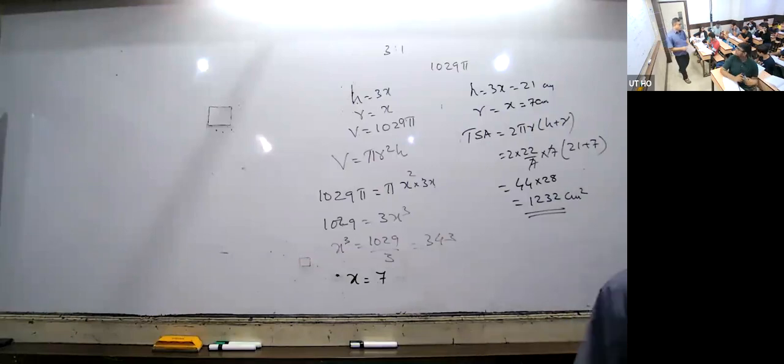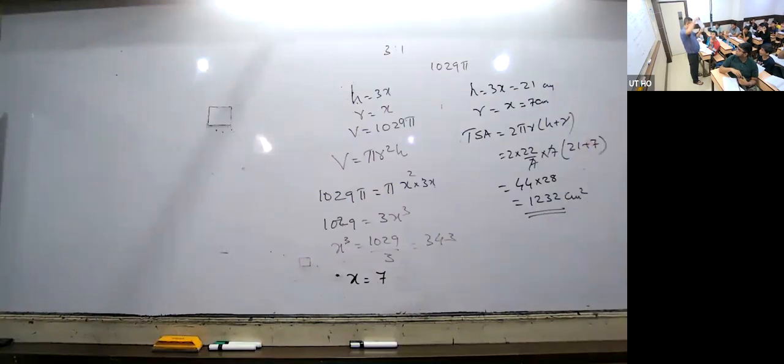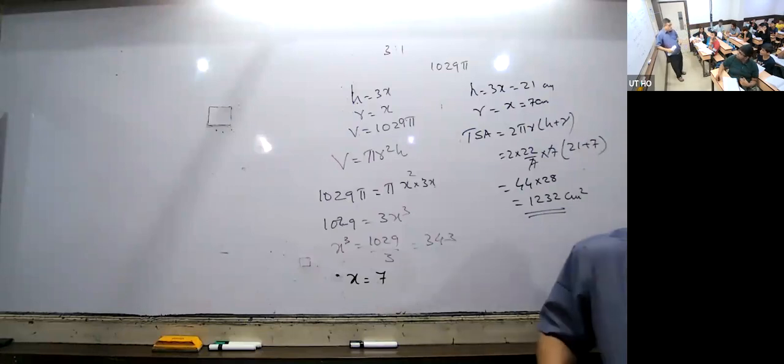Now, look, identify which is the way it is to be done. That is the most important thing. Is it this way? This is the first way. Is it the second way? Those who feel it's the first way, raise a hand.